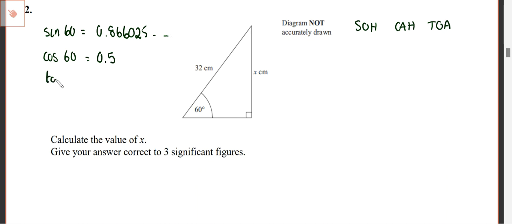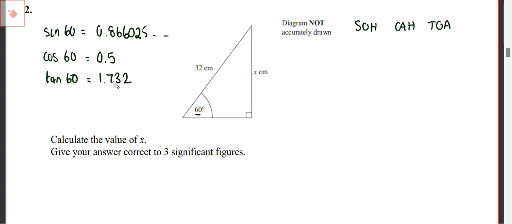And the tangent of 60? 1.732. So, just to explain then, the ratios of these sides, regardless of what they are, only because that angle is 60, they will always be that.